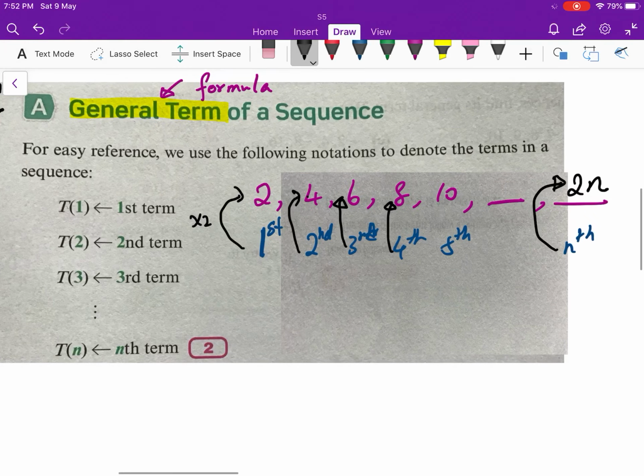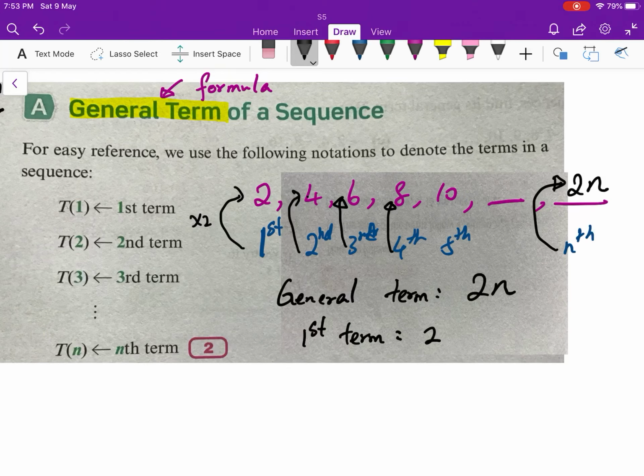So we will know that, by logical thinking only, the general term is actually just 2n. Then if I ask you, hey, what is the first term value, you can tell me that the first term is 2, because of what? Because in 2n, n means the first term, right? I put 1 here, so I know that the first term is 2.